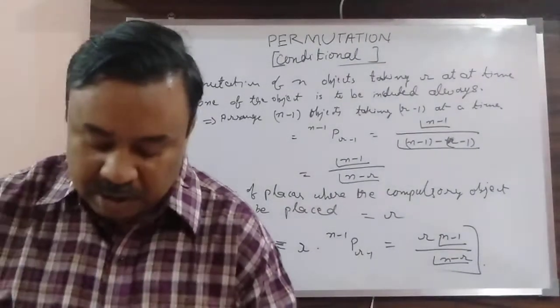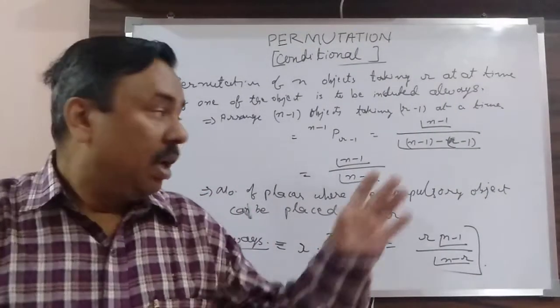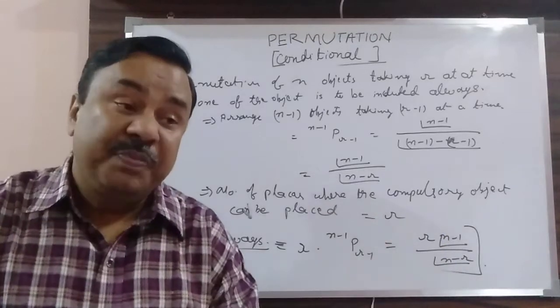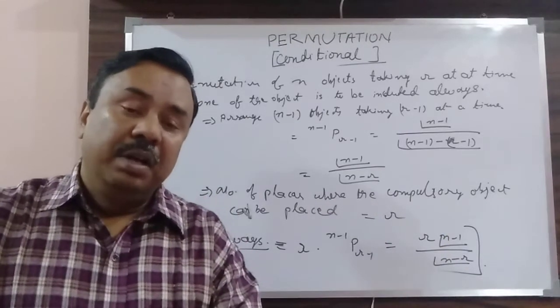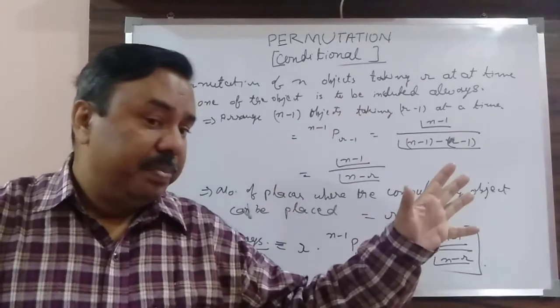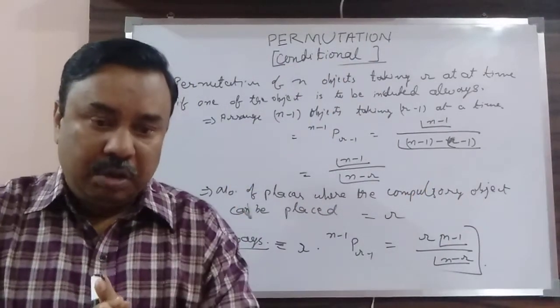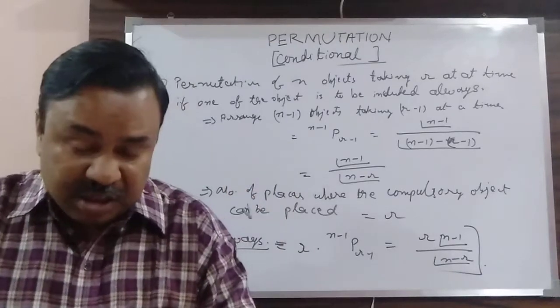Okay, this is the formula for finding the number of ways on a specific condition when a particular object is always to be included. Okay, now there is another condition.